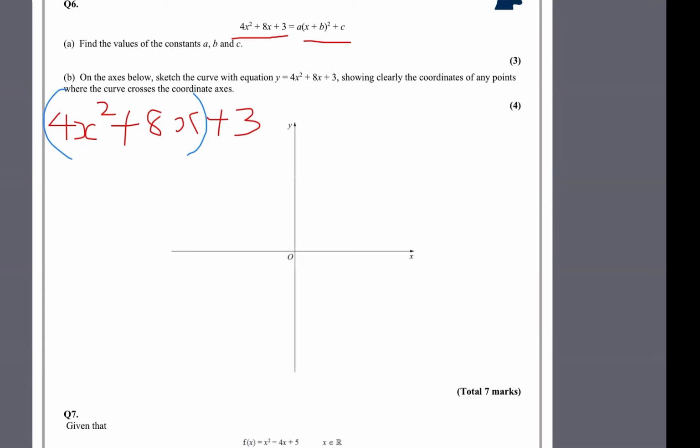So we can have, if we factorize out the 4, so we can still have the expression in terms of the x squared.